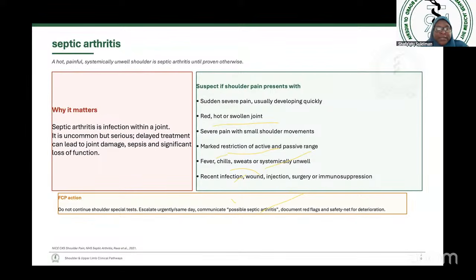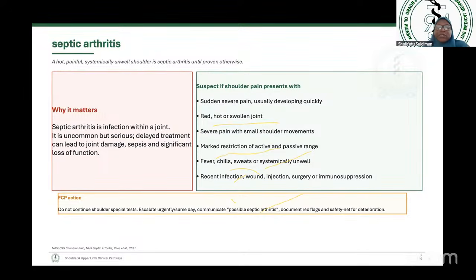So suspect it if shoulder pain presents with sudden severe pain, usually developing quickly, when the joint is red, hot, or swollen, when there is severe pain with even a small shoulder movement, where the patient is shouting in pain.